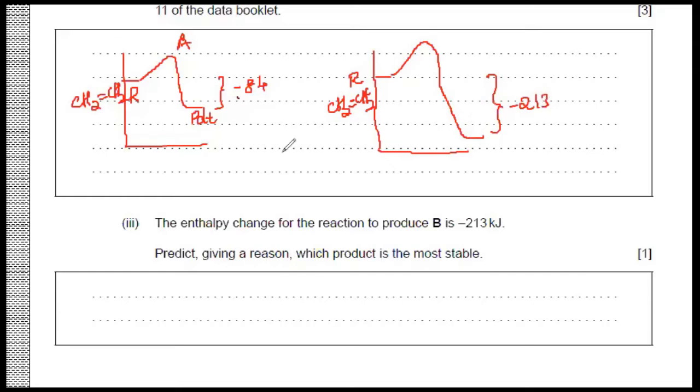So here we can see that for product A, the energy level is comparatively higher.